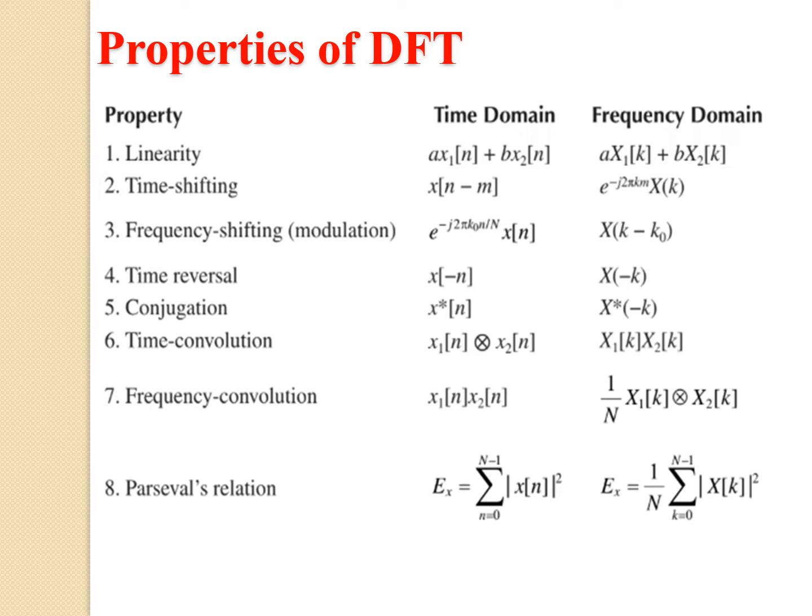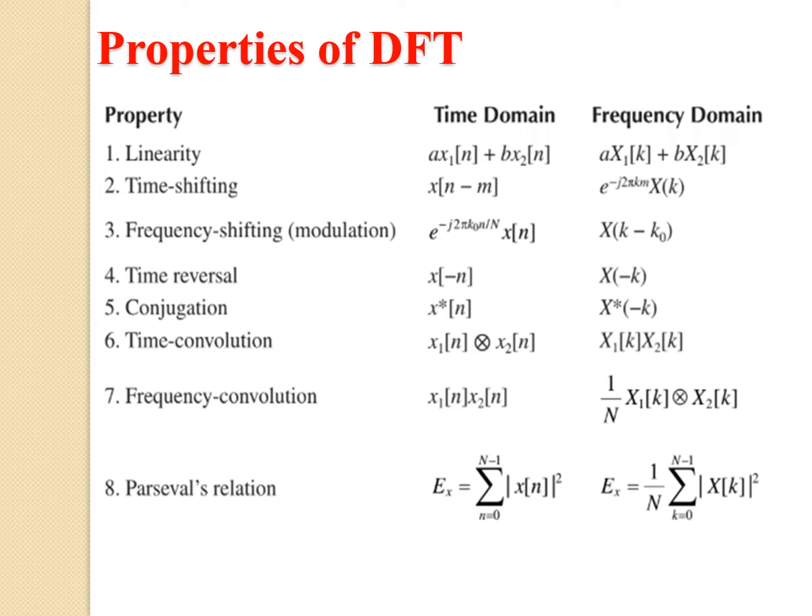And the next property is frequency shifting or modulation property. So if the frequency domain signal is shifted by k0 units, the equivalent time domain signal is given by the multiplicand of e power j 2 pi k0 n over N for x of n.